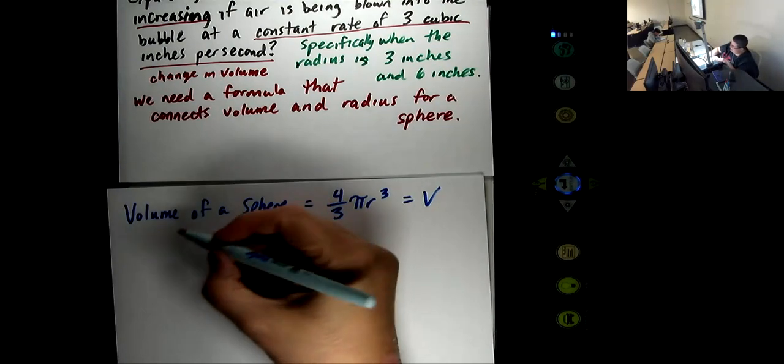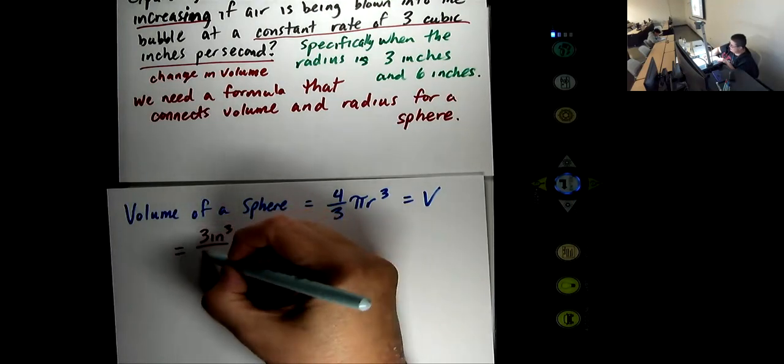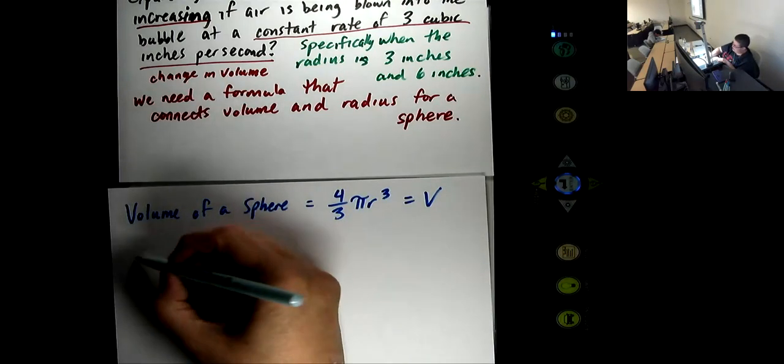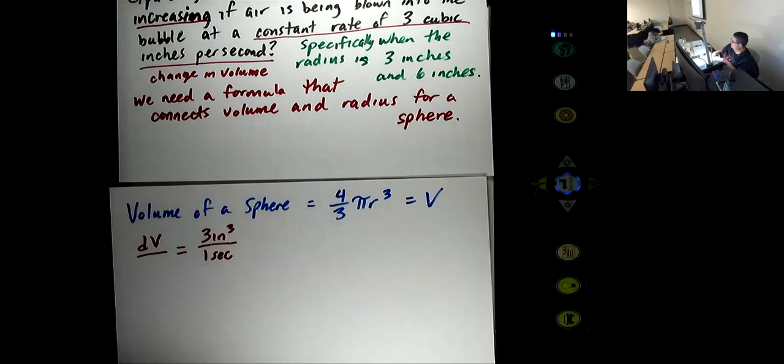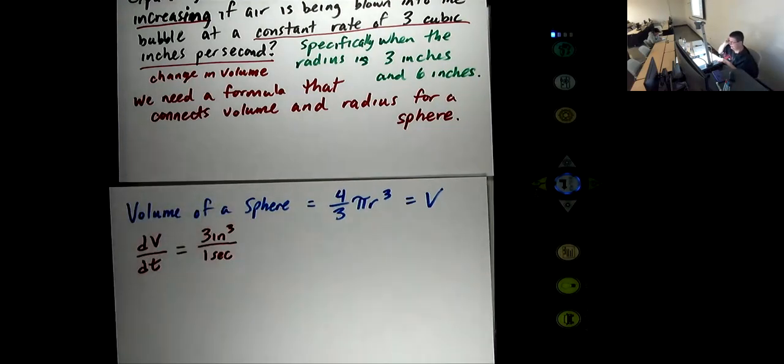So we have something equals 3 inches cubed per 1 second. The top thing is a change in volume, so we're going to use dV. The bottom is a change in time, so dt. How fast is its radius increasing?